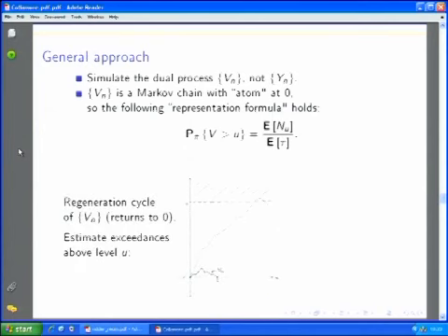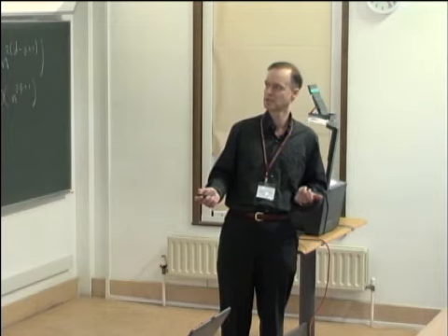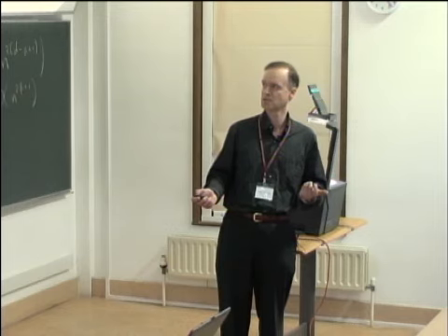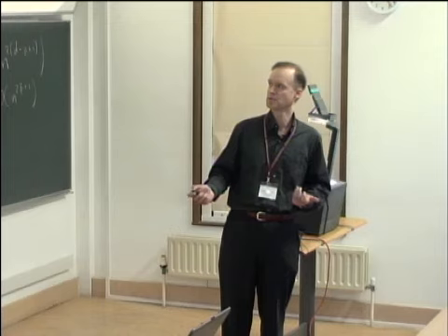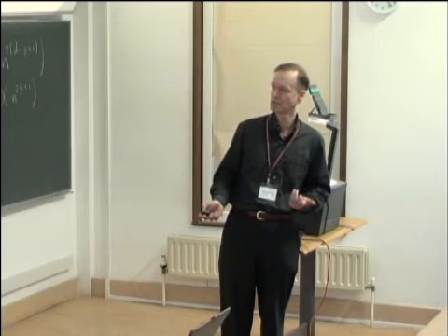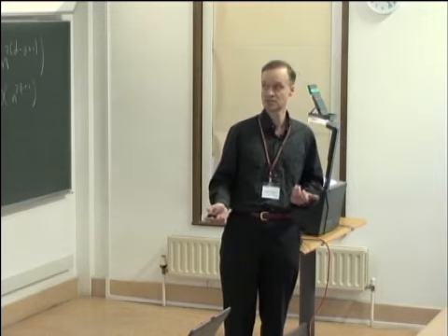So this is the approach: we study not the original process Y sub n, but rather the dual process. Because the dual process is a Markov chain which recurs to 0, so it has an atom at 0, we can relate the steady state exceedance probability, by means of a representation formula, to the expected exceedances above u during a cycle of the Markov chain which starts at 0 and ends at 0.